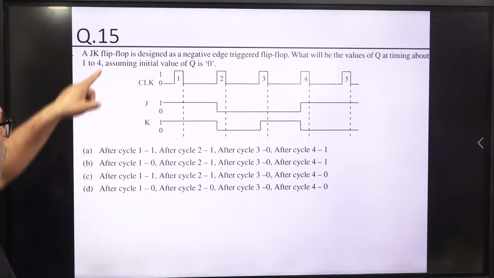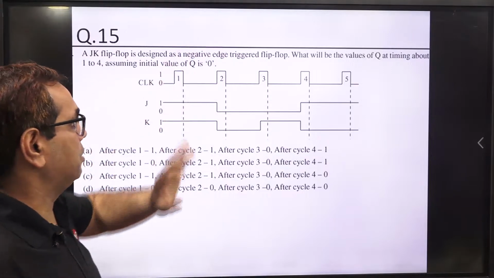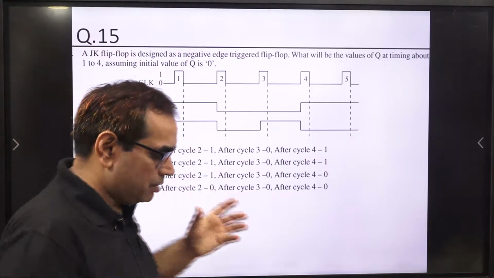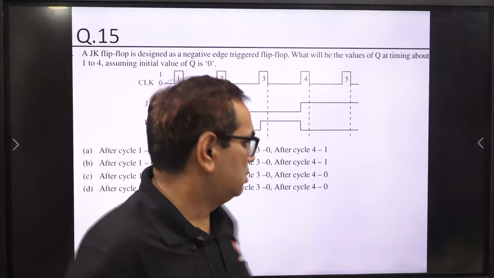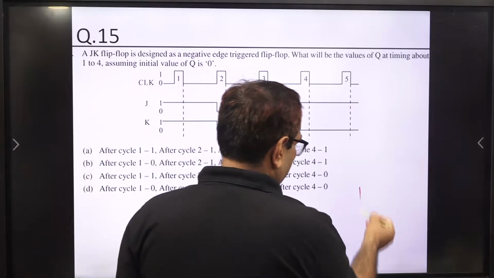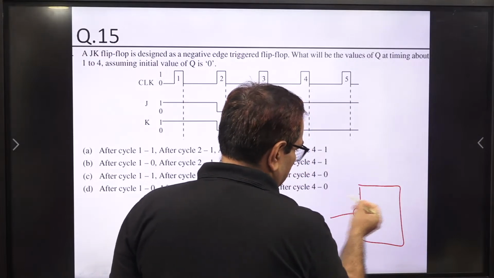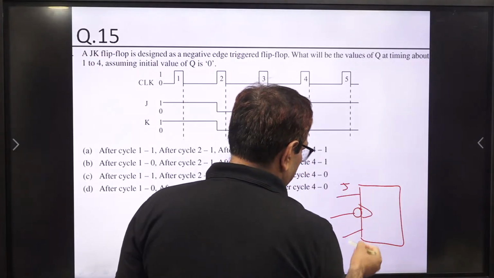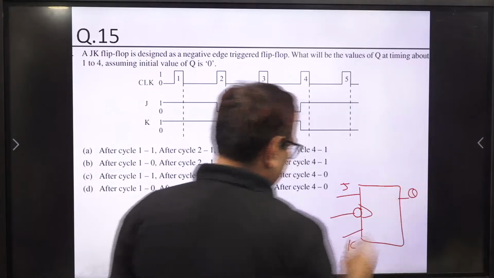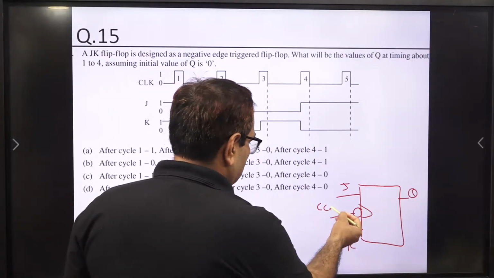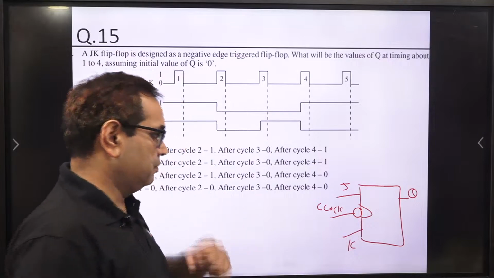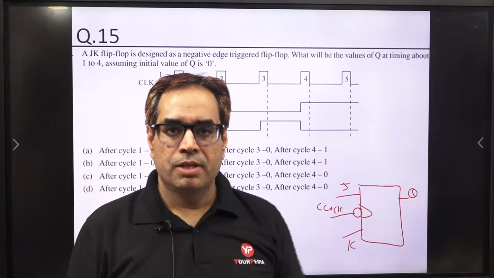Now the flip-flop is designed to be negative edge triggered, so it will work on the negative edge. The symbol is this one. If we want to draw it, this is the symbol of a negative edge triggered JK flip-flop. You all know J, K inputs. This is the Q output, and here is the clock. How does the JK flip-flop work?